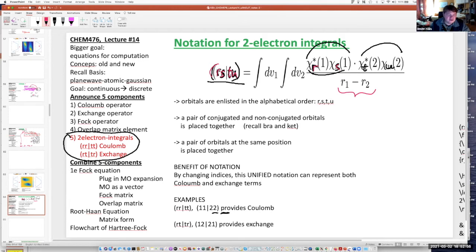Please do not try to memorize it, because I will not be able to check it, as I'm not using this notation. But if indices before and after the vertical line coincide, like 1, 1, 2, 2, it will be Coulomb. Repulsion is plus. If indices before and after are swapped, it will be exchange, which is minus.